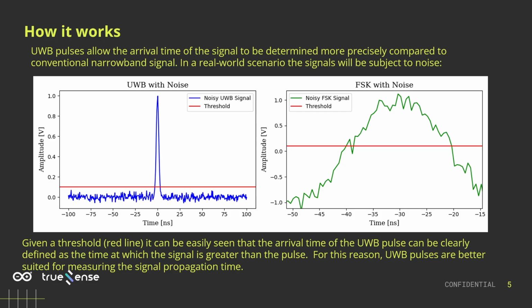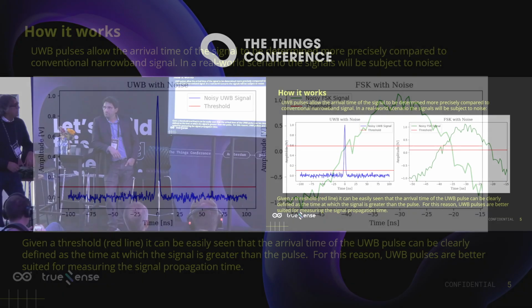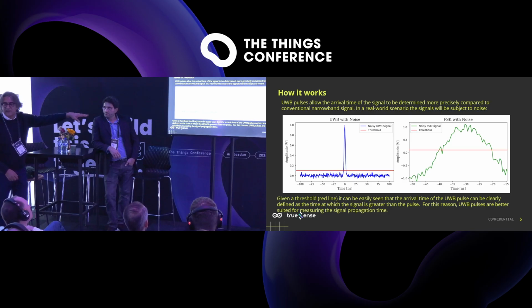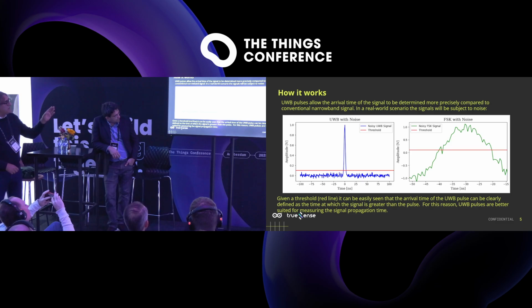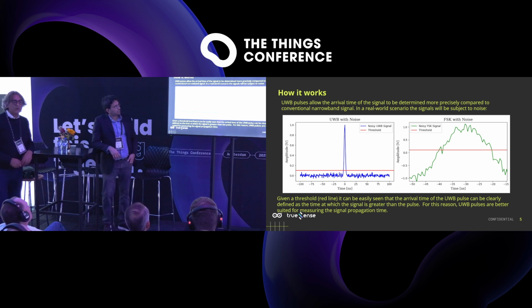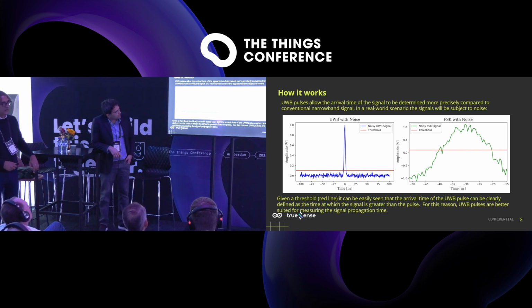more like a real use case scenario, where you have some noise in the RF. Now, suppose that you want to measure the moment when a specific signal is arriving at the receiver, right? With the pulse, if you consider the red line as the threshold of arrival of that signal, with ultra-wideband, thanks to the fact that it is a peak, you have just one single point where the threshold crosses the signal.